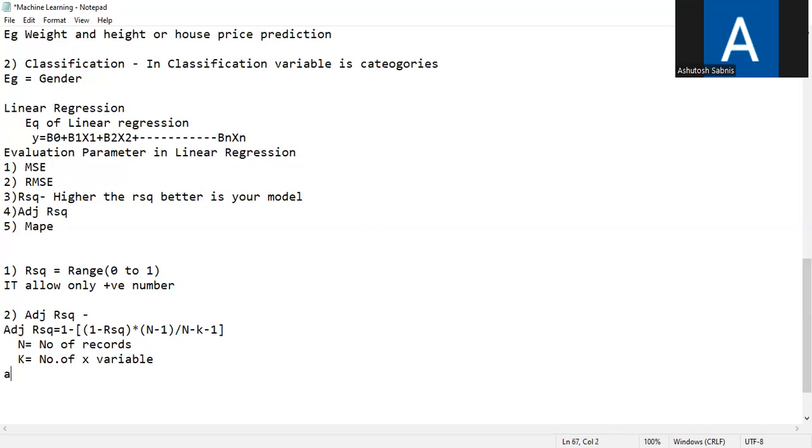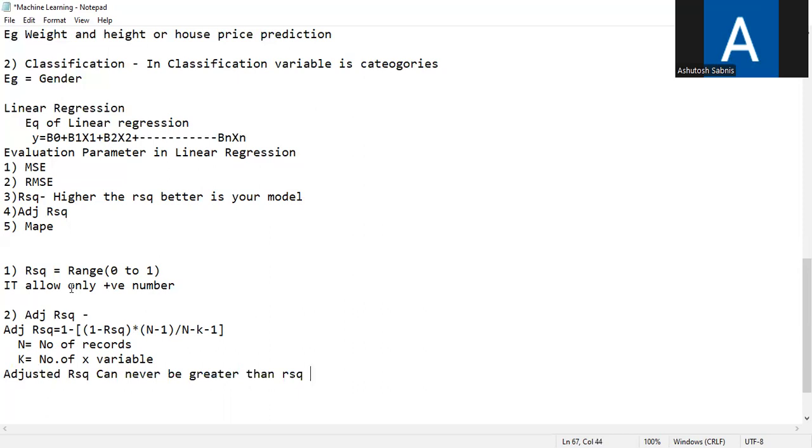I hope you have commented. Now I will tell you the solution. Adjusted R square can never be greater than R square. Why? Because in R square we are considering both significant and insignificant variables, so the amount will be huge.